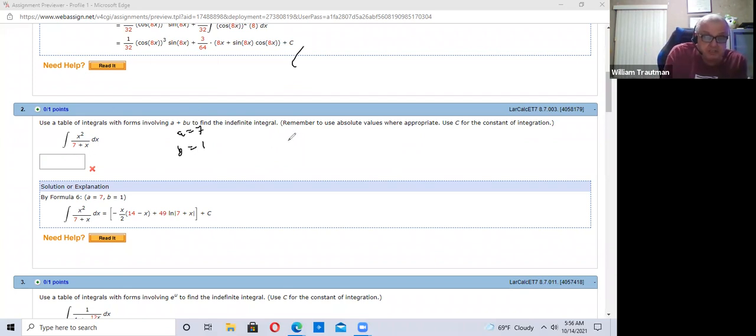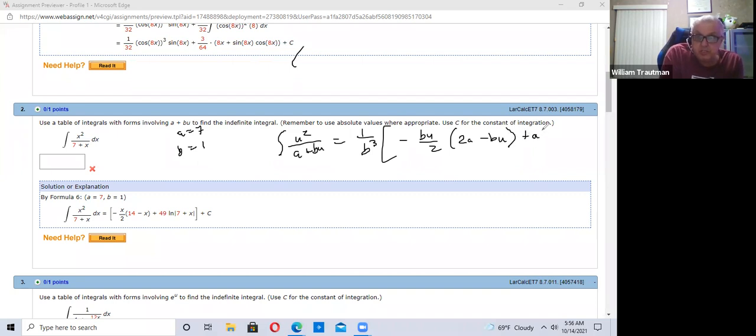If you look at formula 6, integrating u to the second power over a plus bu, there's a lot going on there. 1 over b cubed, minus bu over 2, 2a minus bu, plus a squared natural log of a plus bu. And then plus c.